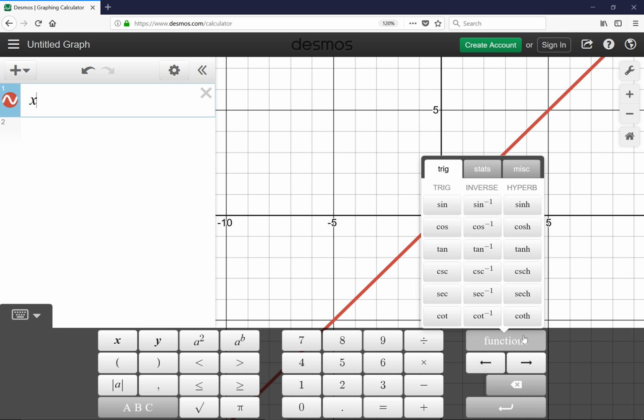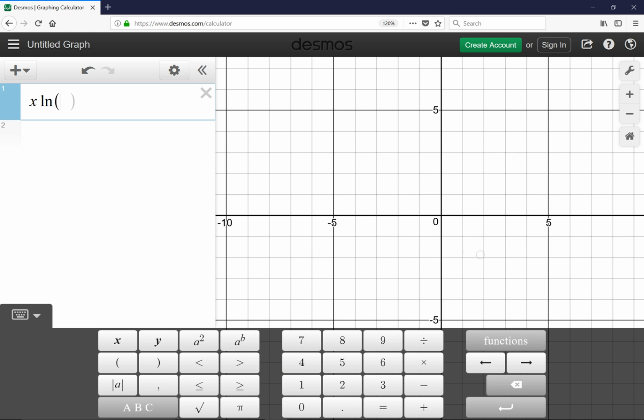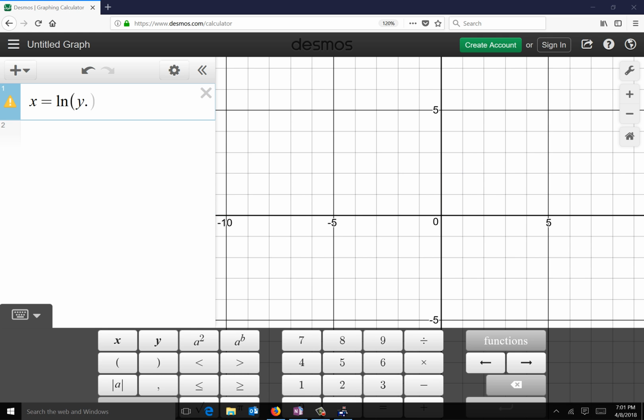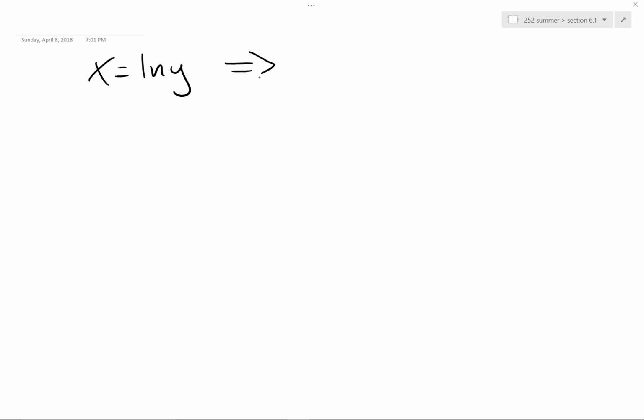So x equals ln of y. Oh, nice. By the way, what does that look like? x equals ln of y is really another name for y equals e to the x, yes?